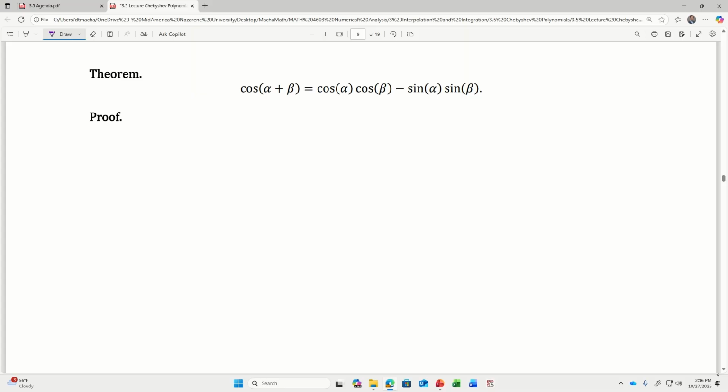It says, on the one hand, let's consider e raised to the power i alpha times e raised to the power i beta, and on the other hand, let's consider e raised to the power i times (alpha plus beta) in parentheses like that.